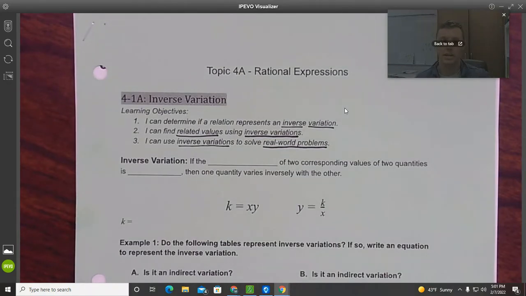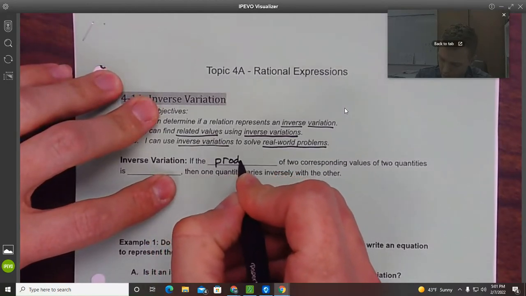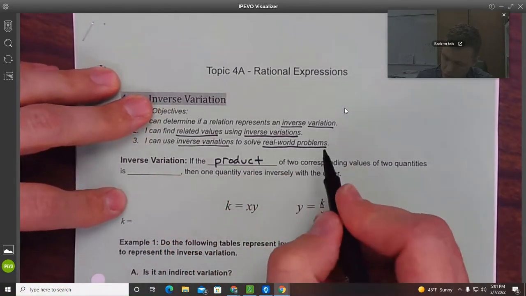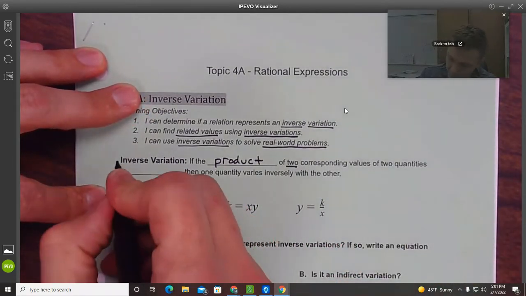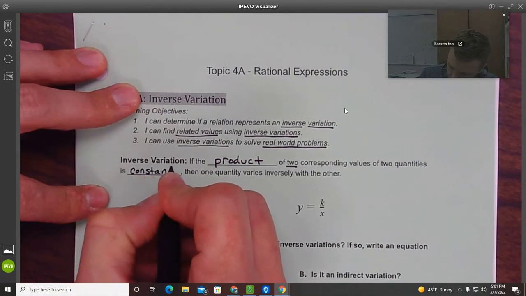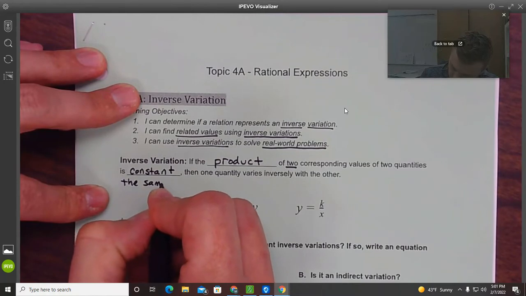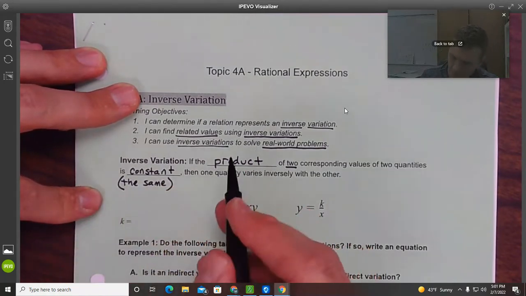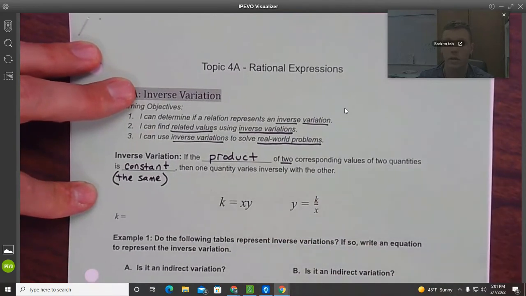So, first off, what is an inverse variation? So, if the product of two corresponding values of two quantities is constant, meaning the same, then one quantity varies inversely with the other.